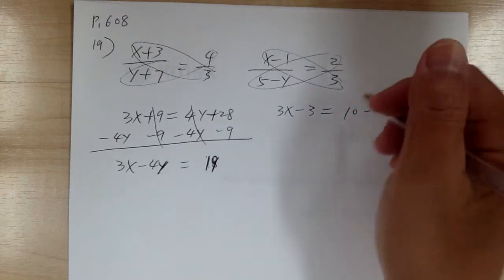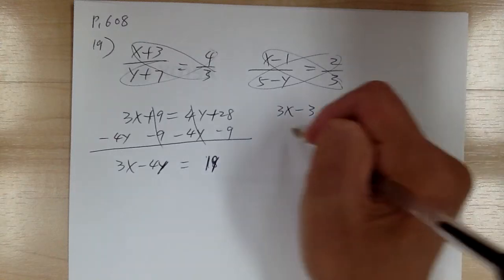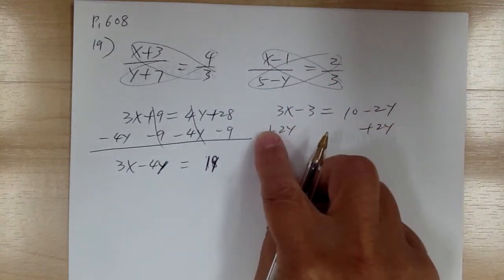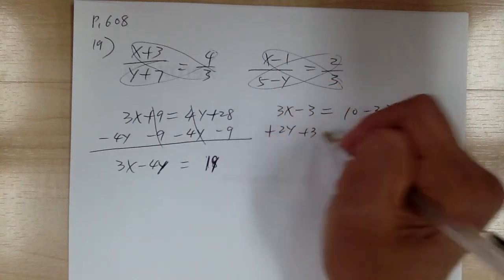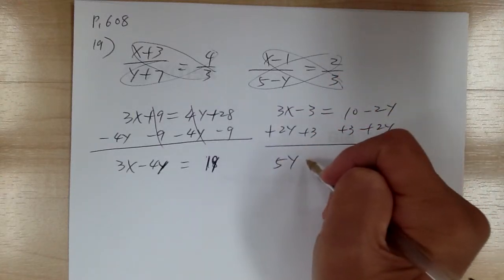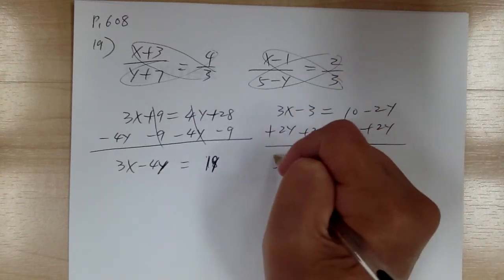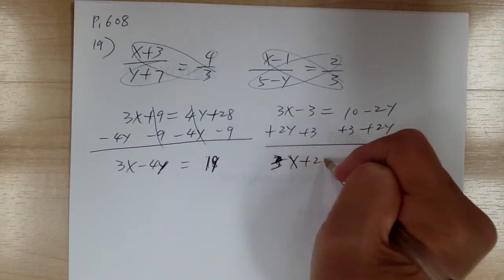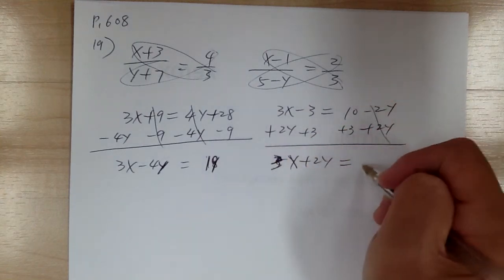Then from here, again, you want to move the variable to this side. So when you add, you get 5y, 3x. So 3x plus 2y equal to 13.